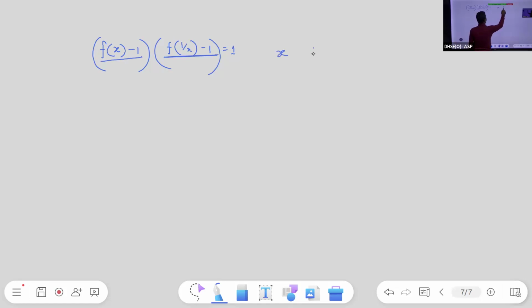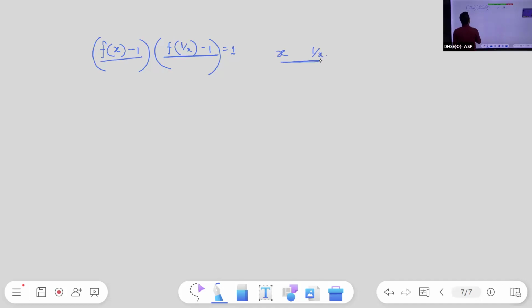So f of x minus 1 into f of 1 by x minus 1 is equal to 1. Okay. If product of two quantities is equal to 1, then we can say that the two quantities are reciprocal of each other. f of x minus 1 and f of 1 by x minus 1 are reciprocal of each other, and x and 1 upon x are also reciprocal of each other.